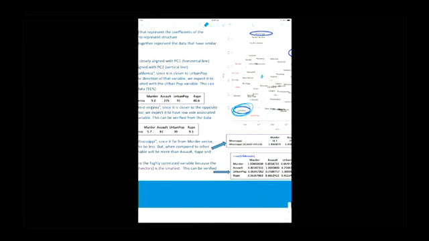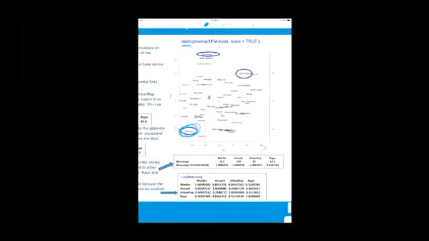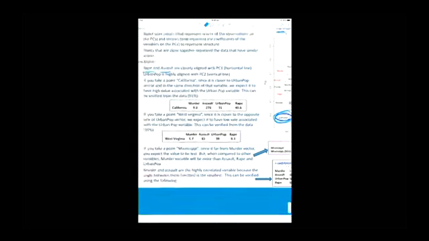You can see that the California data point is closer to this particular vector, urban population. So what does that say? That California has a higher value for urban population in the data. And you can verify it by looking at that particular data point.